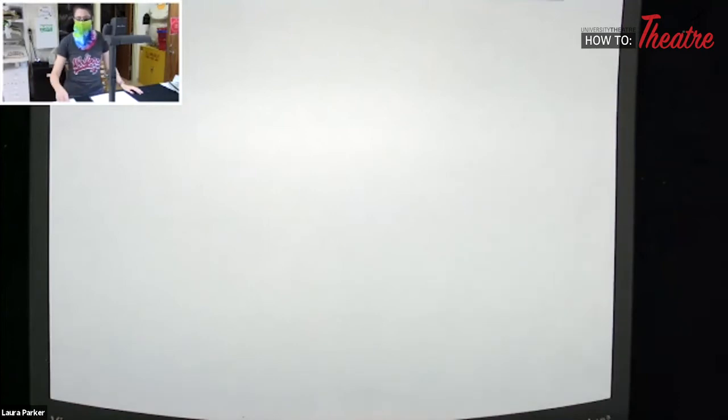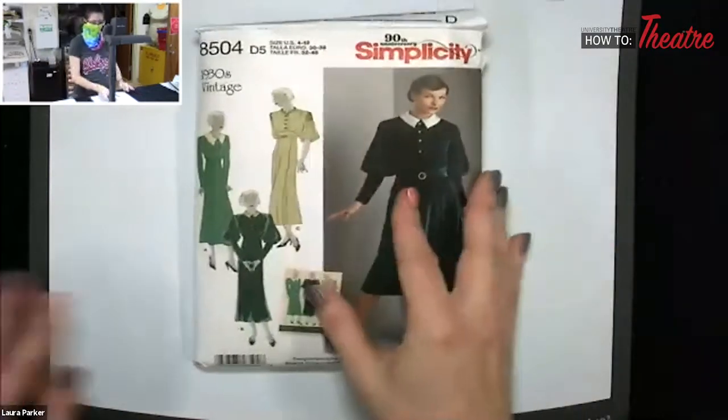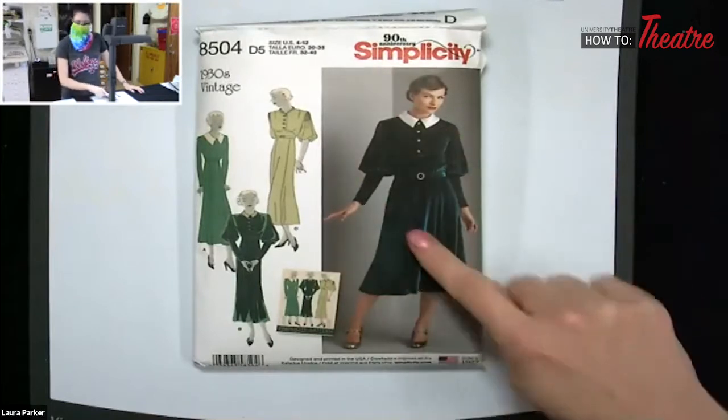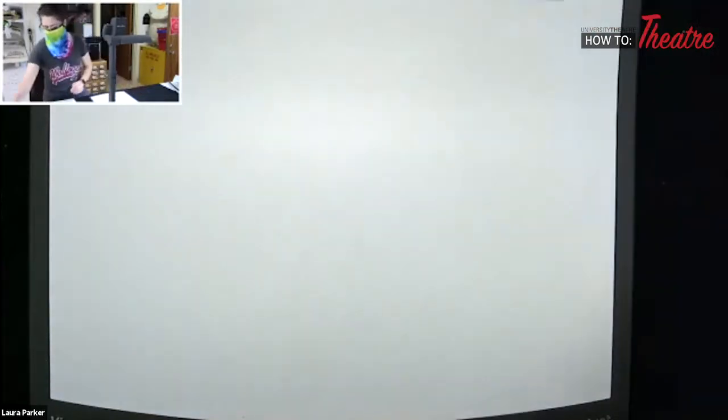Oh, the other thing that we need to be cognizant about is if we're using period patterns, in order to make them look right, and actually let's look at one of the 1950s ones. That's going to give us a better example.